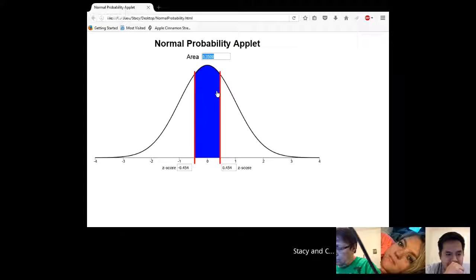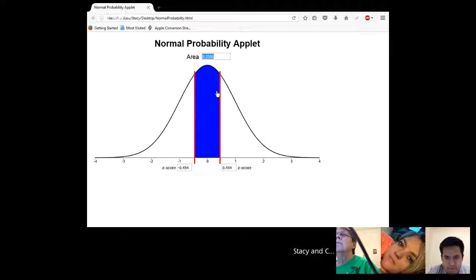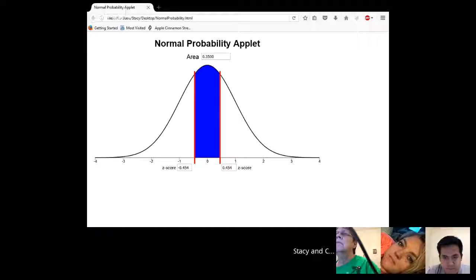Okay, and then we add that to 0.65, correct? So I got 0.618. Did everybody else get that? Okay. We're good with that? Okay.